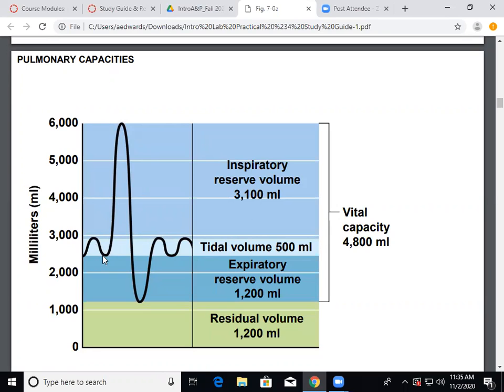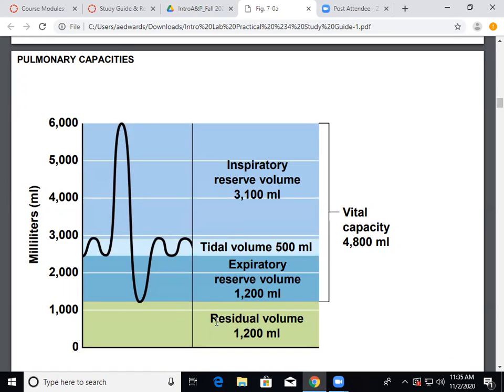After a normal expiration, you have your expiratory reserve volume, which is how much air you can exhale after a normal exhalation. You exhale, and then push out as much as you can. That's around 1.2 liters.